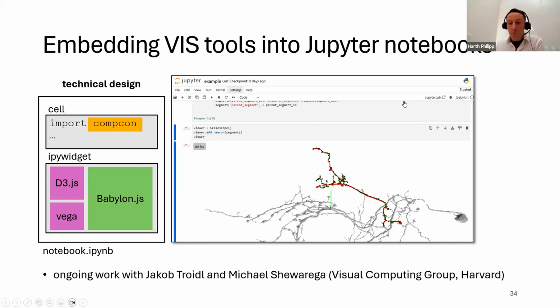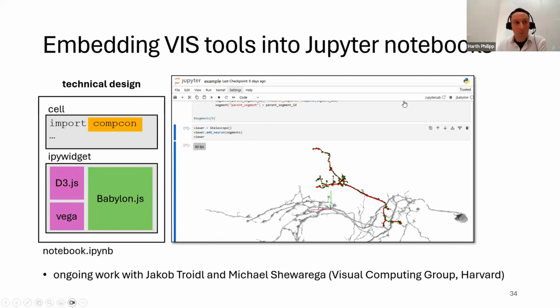We probably should shift to Jupyter because it's mainly used by domain experts, in the data mining community and the neuroscience community. And the ecosystem in this area is developing rapidly. So it's now possible to embed also 3D viewers into Jupyter notebooks. We are currently working on a viewer that facilitates the display of neuronal structures and the comparison of neural structures.